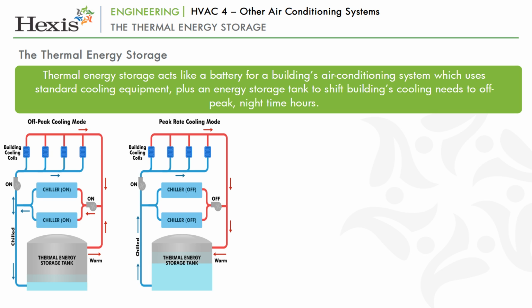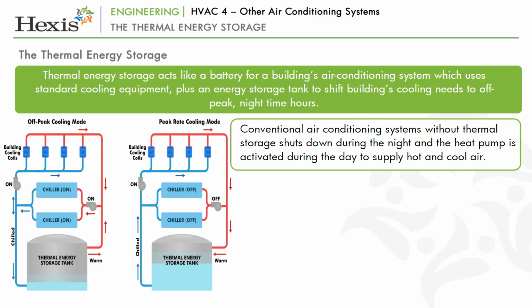An extremely efficient system can be built by combining thermal storage with high-efficiency heat pumps. With conventional air conditioning systems that do not use thermal storage, equipment is shut down completely during the night and the heat pump is activated during the day to supply hot and cool air.